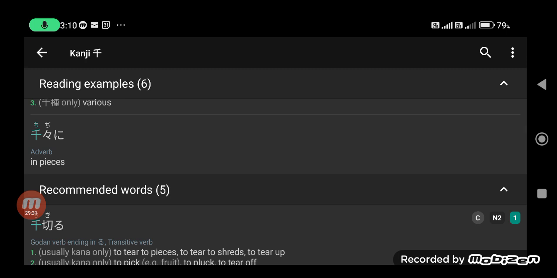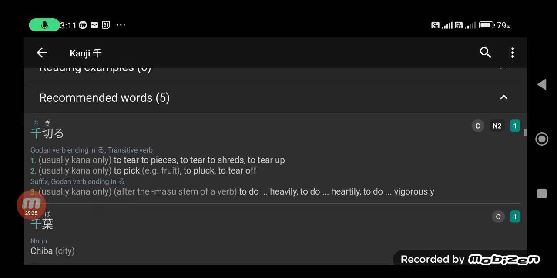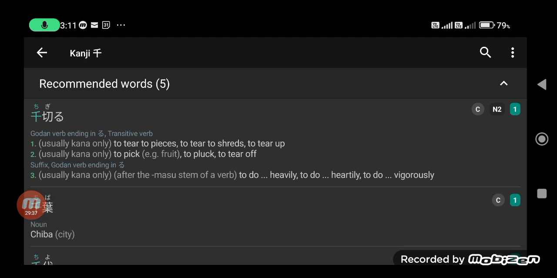Adverb meaning in pieces. Chigiru, to tear to pieces, to tear to shreds. It's a godan verb, transitive verb. By the way, in our next lesson, I will discuss transitive and intransitive verbs.